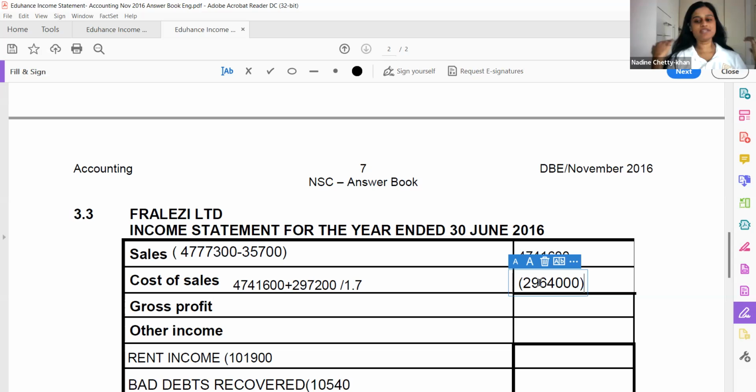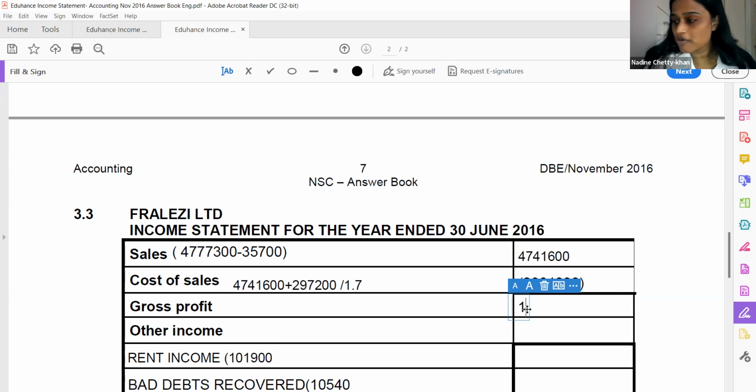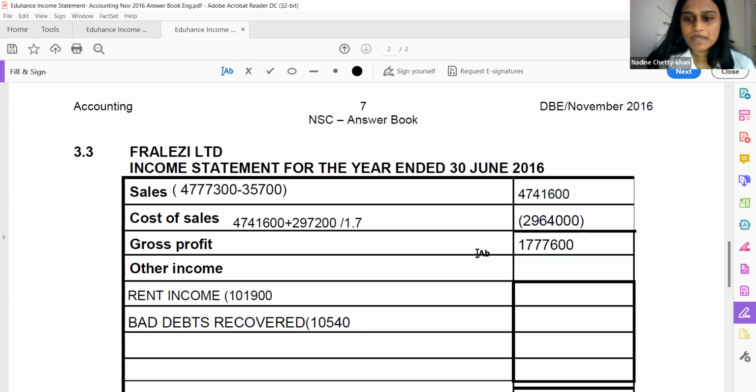Please show the right direction, incomes in positive, expenses as negative. From that, by taking sales minus cost of sales, you can calculate gross profit of 177,600. Okay. So this was step 3. I've totaled.